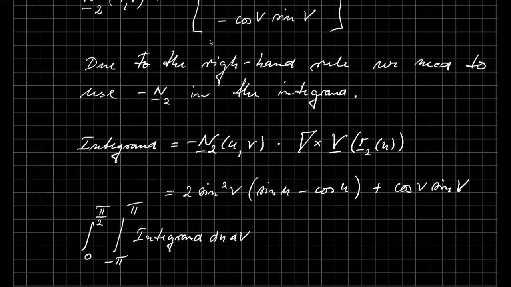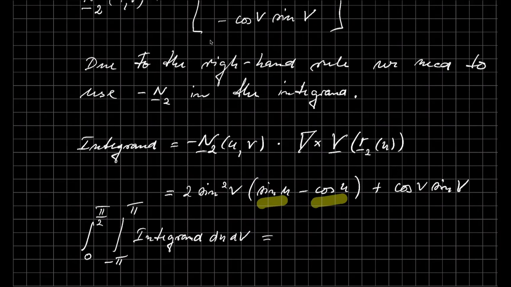Whenever you integrate sine of u and cosine of u over a whole period, that is from minus pi to pi, you get 0. So the first term in this integrand doesn't contribute to the integral.